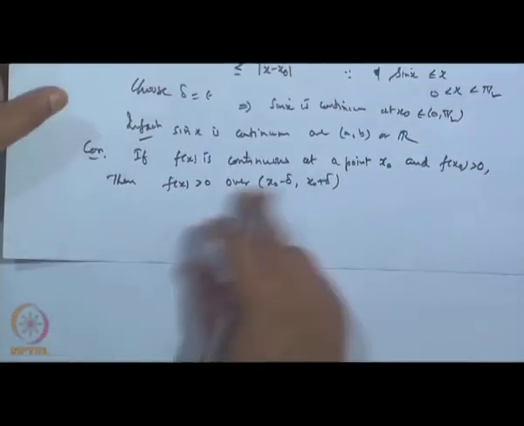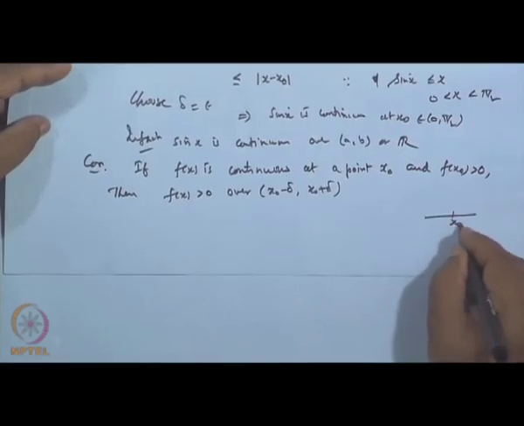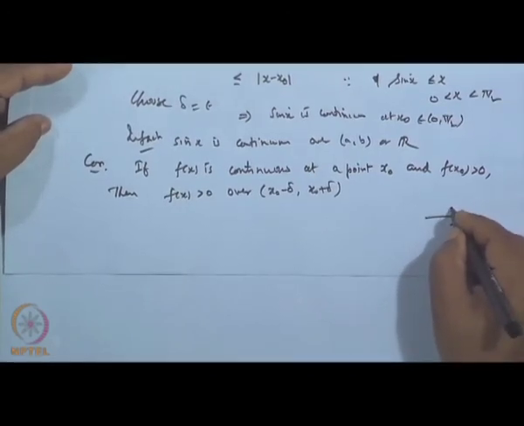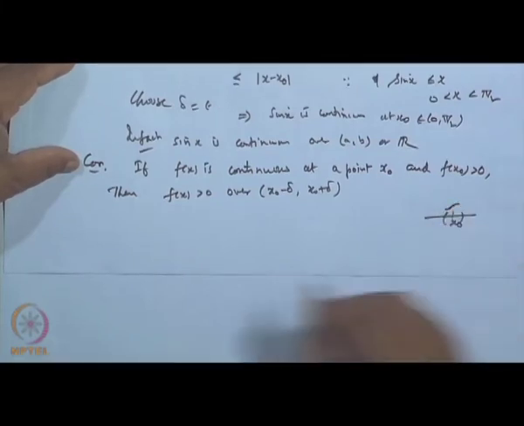Means if the function is continuous at a point and at x naught it is a positive function, graph is up, then we can find a neighborhood where the function will remain positive.